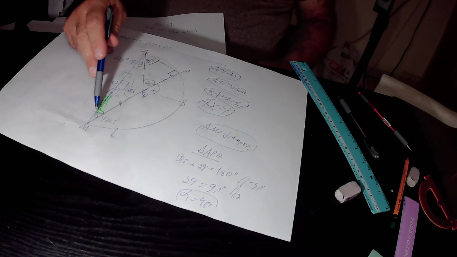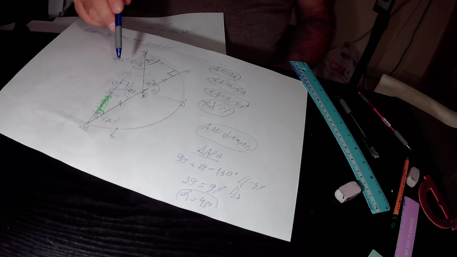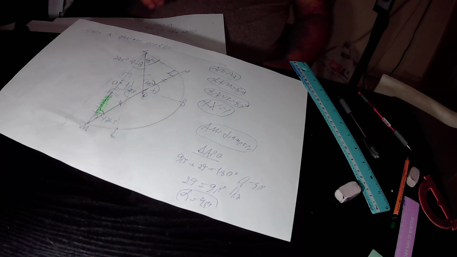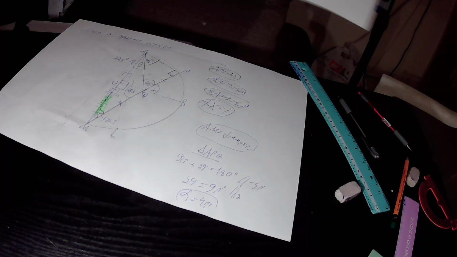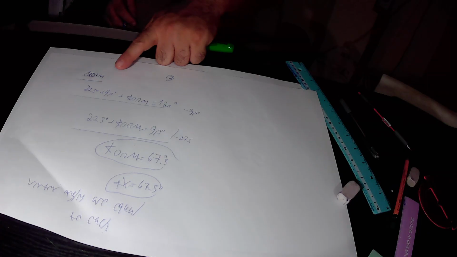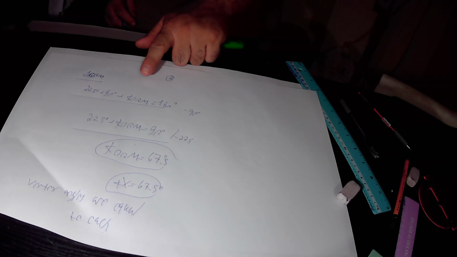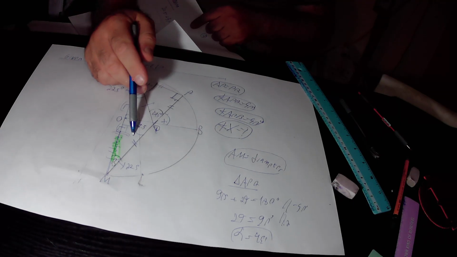We have this angle that is 22.5 degrees, this is the right angle, plus this missing angle, that is actually angle OQM.